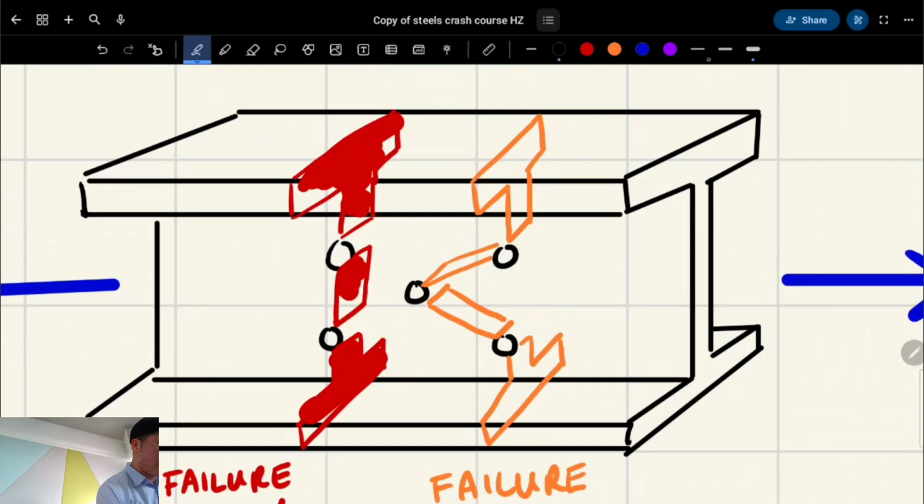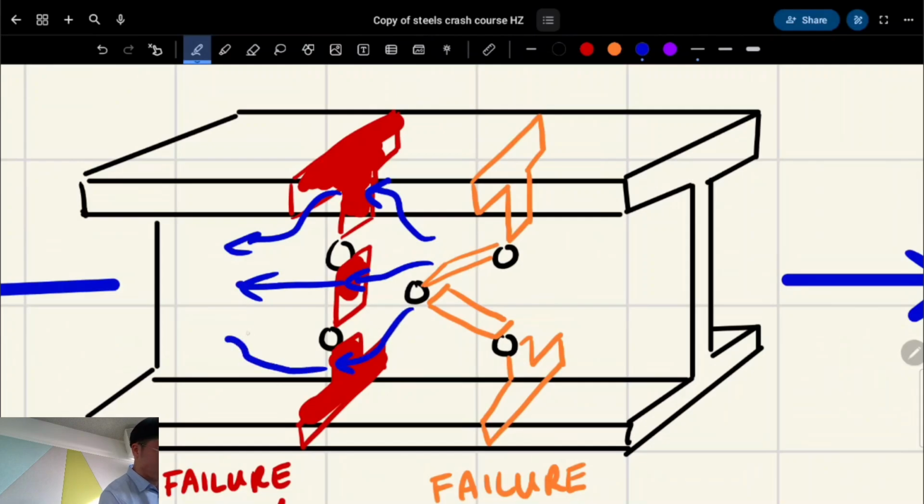It's also partially to do with how the loads are distributed within the cross section, because more load will have to flow that way. Do you know what I mean?